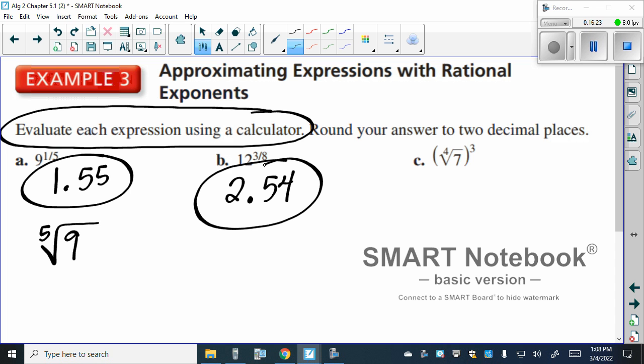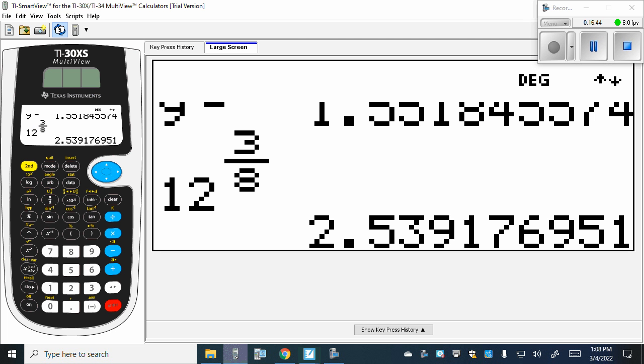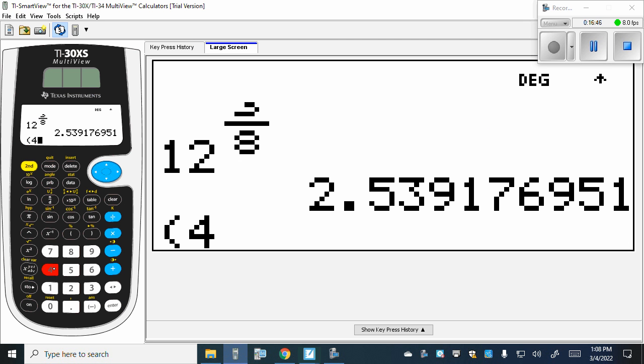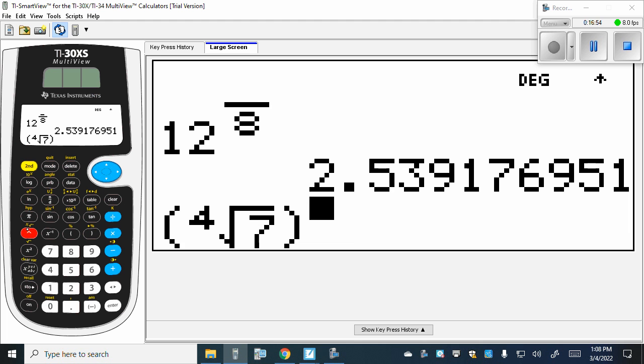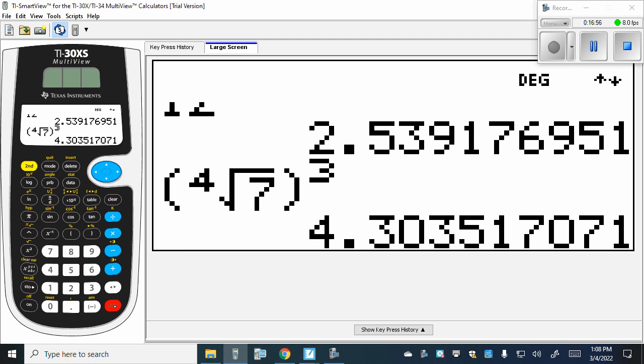And the last one, again, we can plug it in exactly as we see it, parentheses, 4th root of 7, close parentheses to the 3rd. And if we type this in, it's 4.30.